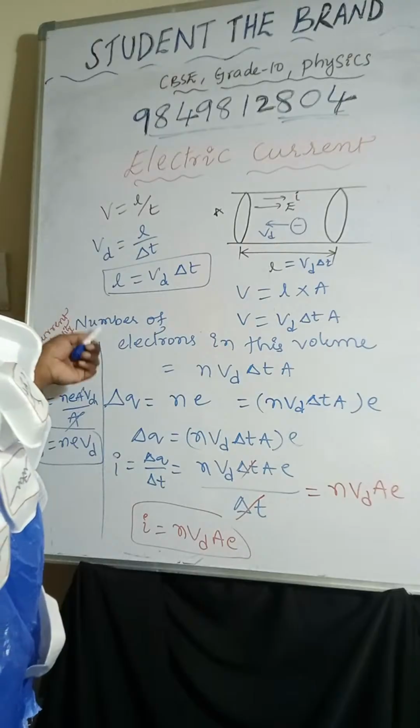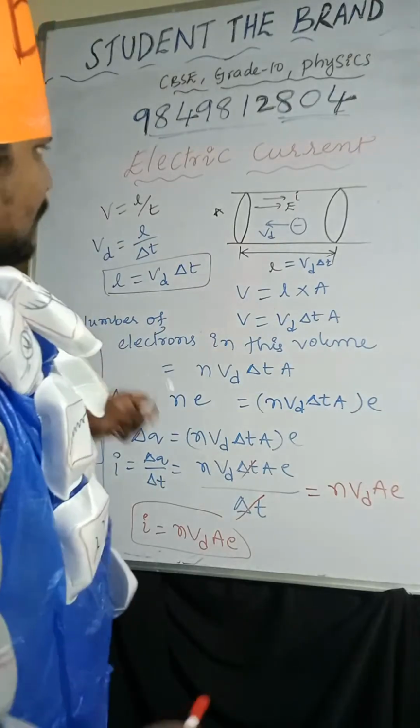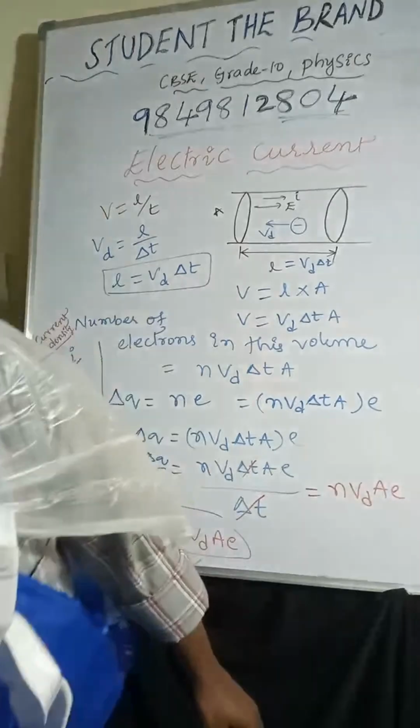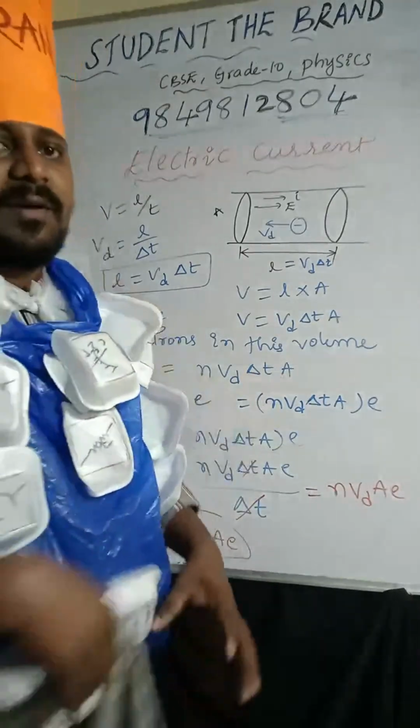Current density J equal to I by A. Then you will get the answer. So this is about current and drift velocity.